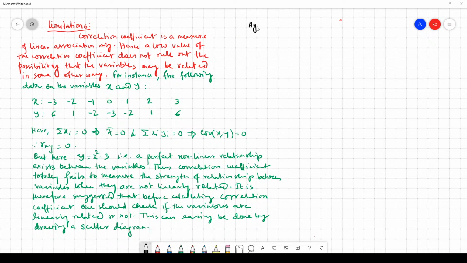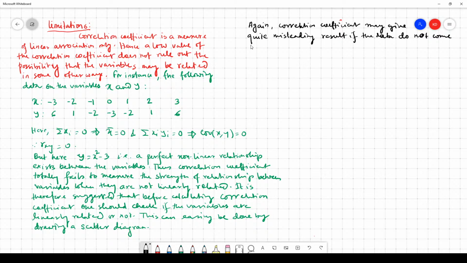Again, correlation coefficient may give quite misleading results if the data do not come from the same source.